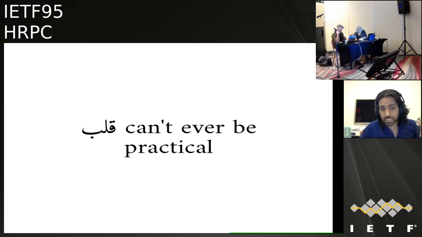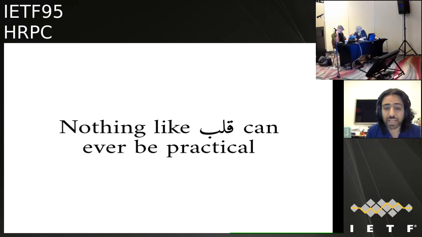But all of these compound to the reality that ELB can never be practical. And if you jump to the next slide, nothing like ELB can really ever be practical. Any foundational technology that's meant to be readable by humans, but is not based on the ASCII character set, can't ever really be practical.